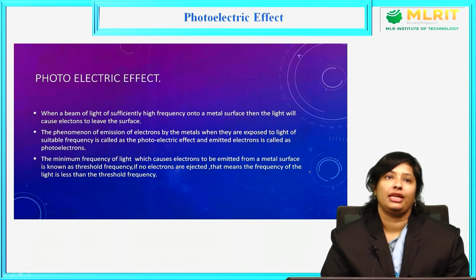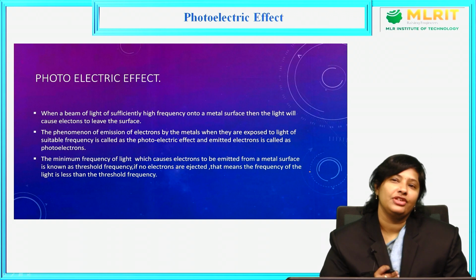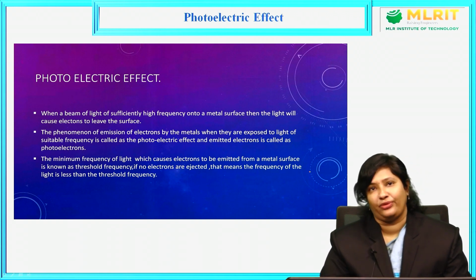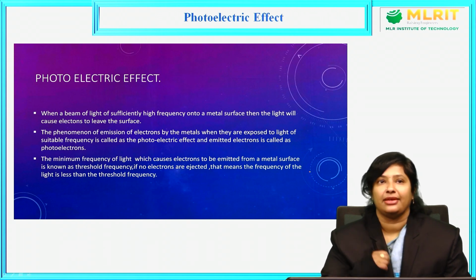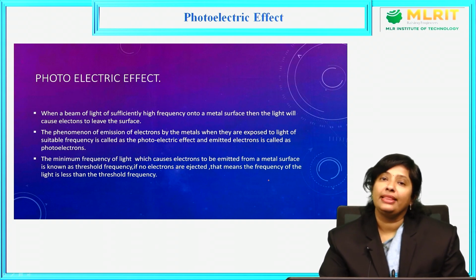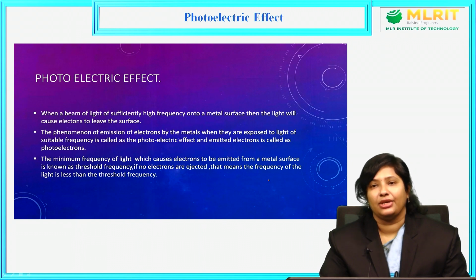Working of a photoelectric effect. When a beam of light having a sufficiently high frequency is incident on a metal surface, then the light will cause electrons to leave the surface. The phenomenon of emission of electrons by metals when they are exposed to high frequency light is called the photoelectric effect, and the emitted electrons are called photoelectrons.